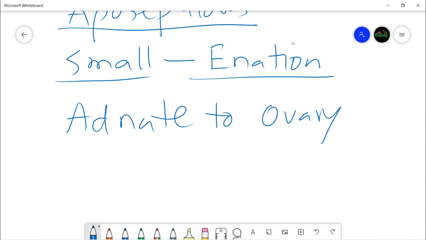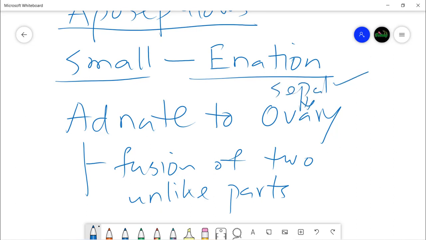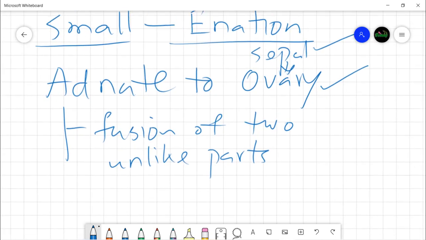Adnate is fusion of two parts, but they are not alike, that is unlike. So fusion of two unlike parts, like here. So we have sepals and they are adnate to ovary. Sepal is something different and ovary is something different. They are two different parts of the flower.